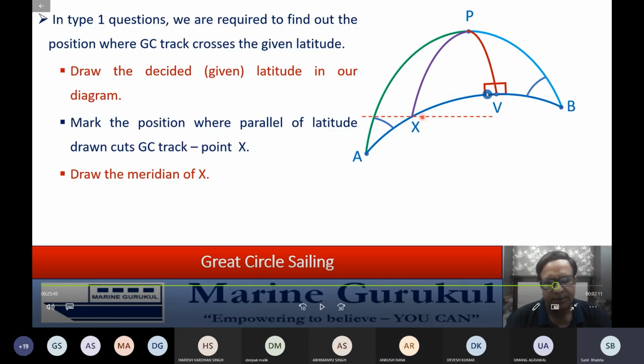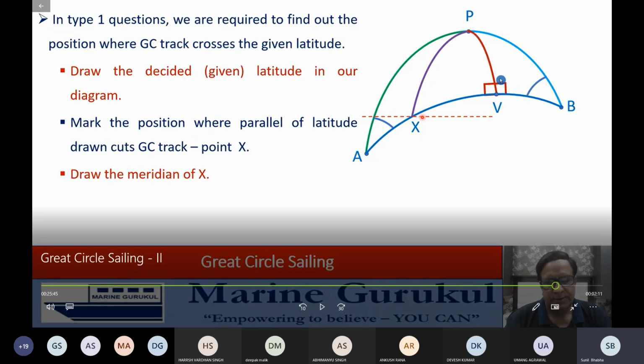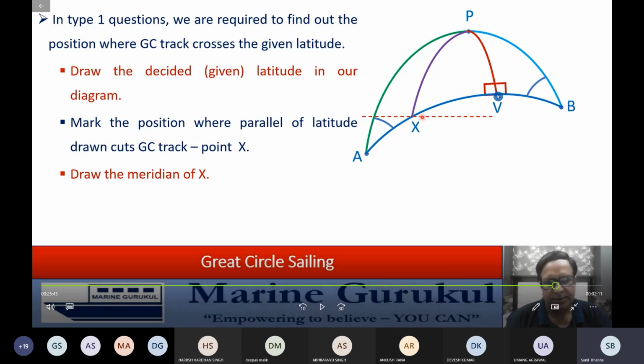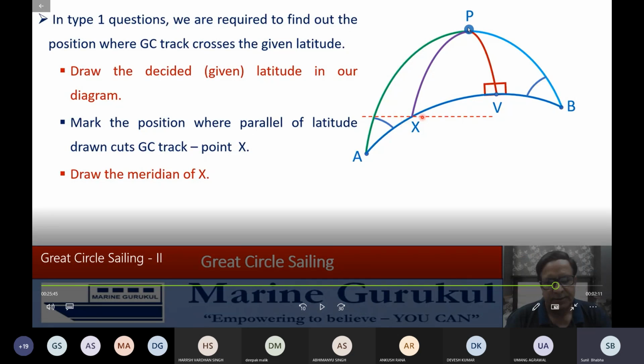The two things which are known to us are, number one, we know PV, this particular distance, P to V. We had calculated the latitude of the vertex, so with the latitude, we know PV. PV is the colat of the vertex. And the second thing which we know in this triangle is PX.